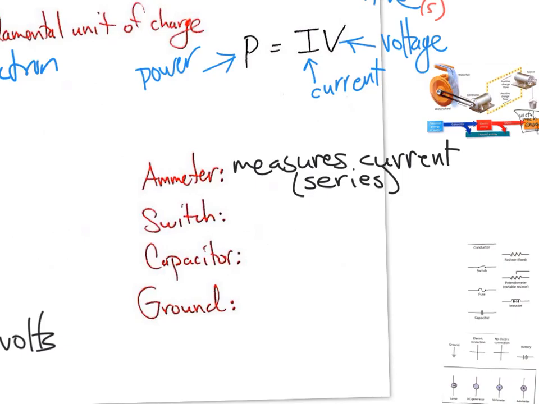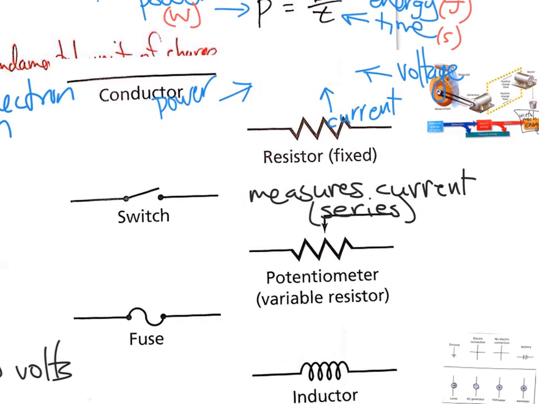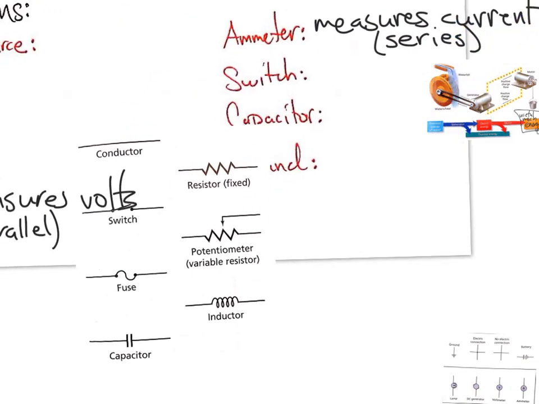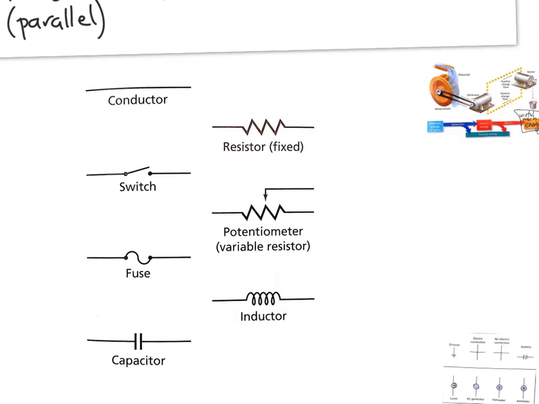So here we go. Let's see. Alright, so conductor or wire is just a straight line. A switch looks like this. You imagine this thing being closed. If the switch is closed, then current can actually flow. Fuse, we will talk about these, but you don't have to really know the symbol.